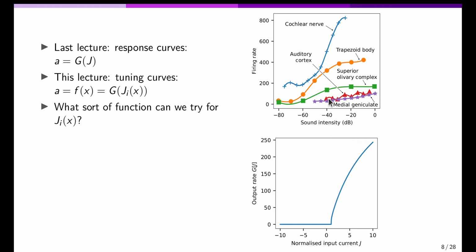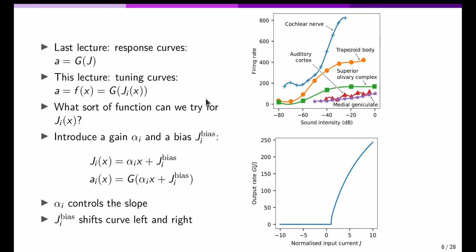If we take a look at these, there are some pretty simple functions we could start with. We could start by saying, if I've got this curve, and I just scale it up and down a bit and shift it left and right, I can at least make a stab at mapping these to these things. That's the simplest possible thing that we might want to do to try to do this mapping.